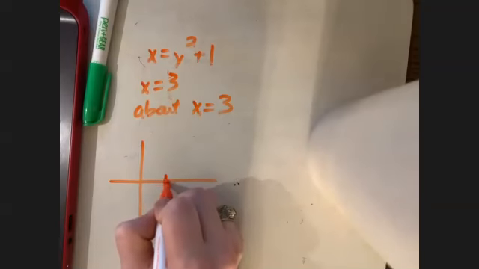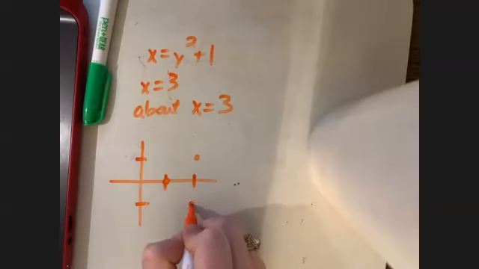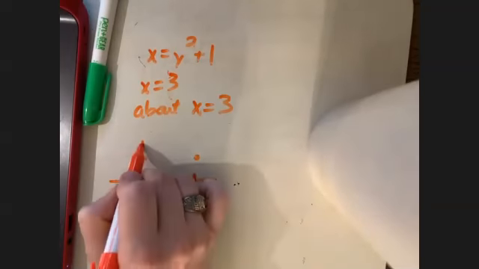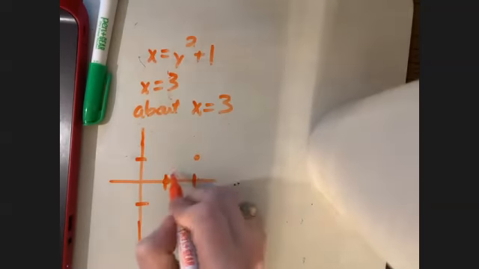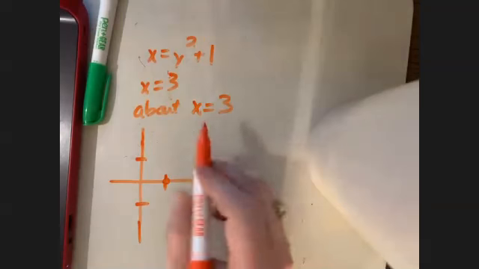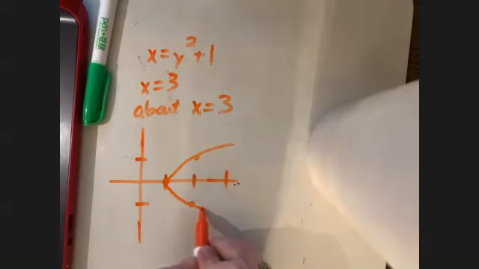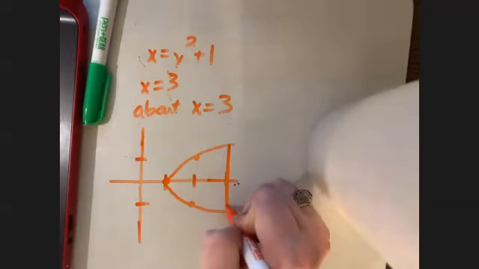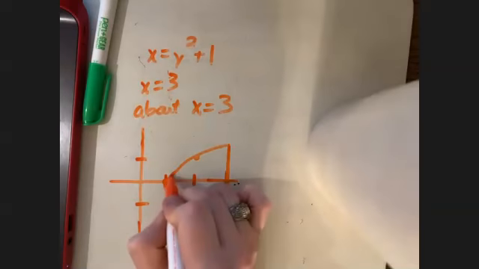So here is our parabola, and there's our line at x equals 3. Then we're going to spin this, and again, it should be a little more rounded from the bottom.